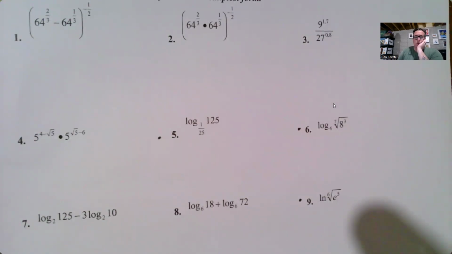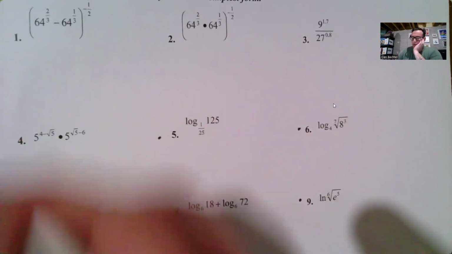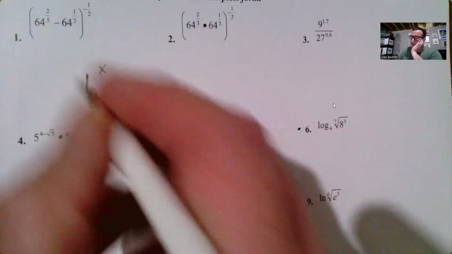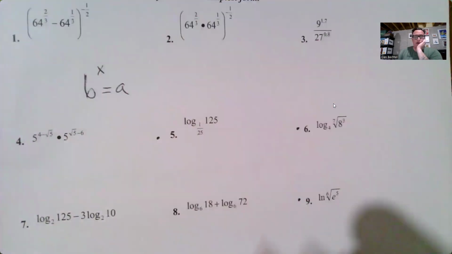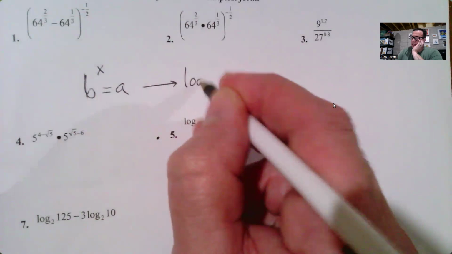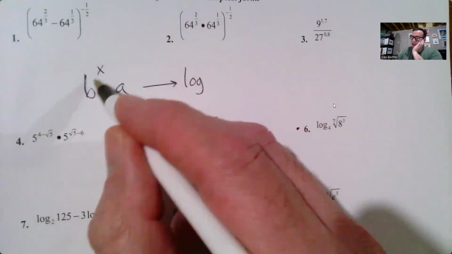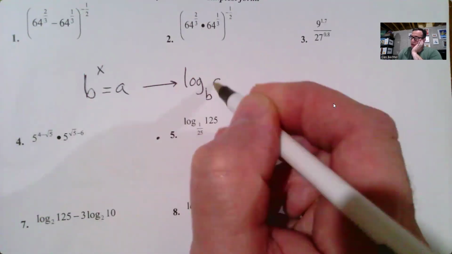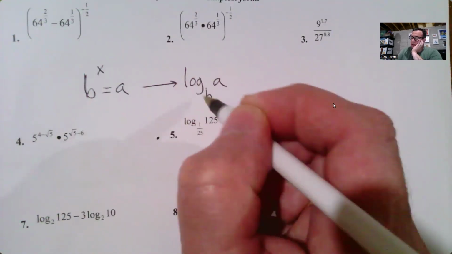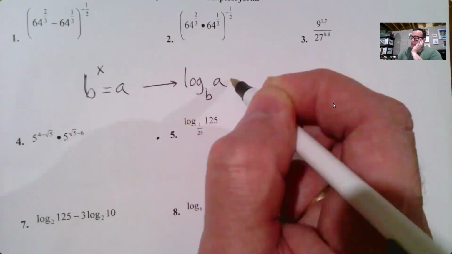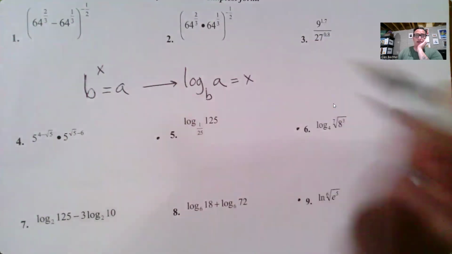At its simplest, if I have a base and I have raised that to an exponent and it is equal to some answer, then I can switch that into logarithmic mode by basically taking the base to tell us what our base would have been, moving the answer over here because we're saying, well, I want to know what exponent it is that tells me if the base is b and the answer that I get is a, what would the exponent be? So that's essentially what a logarithm is.